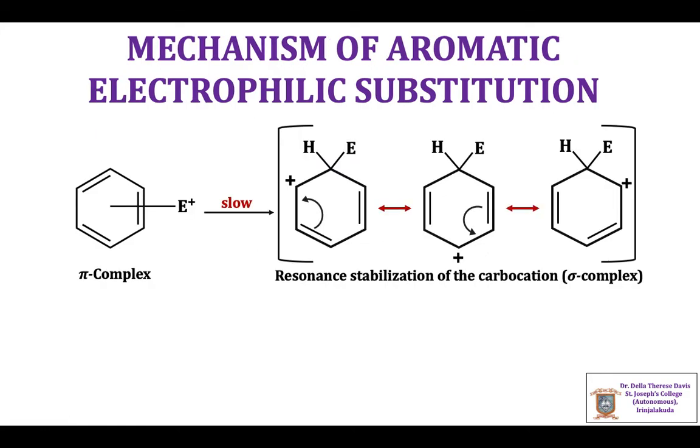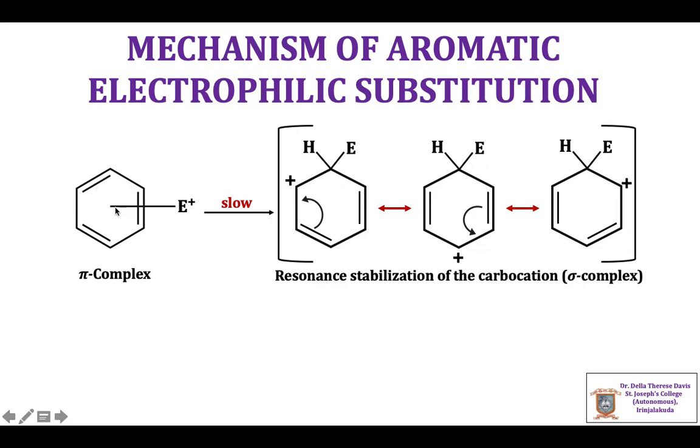The pi complex slowly changes to a sigma complex when the E+ accepts a pair of electrons from the benzene ring. Thus the ring becomes non-aromatic. The sigma complex is non-aromatic, but it is stabilized by resonance. The resonance stabilization is shown here.